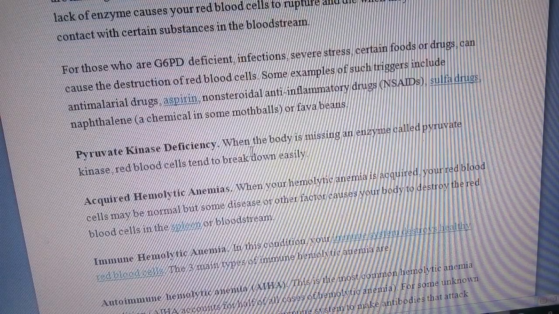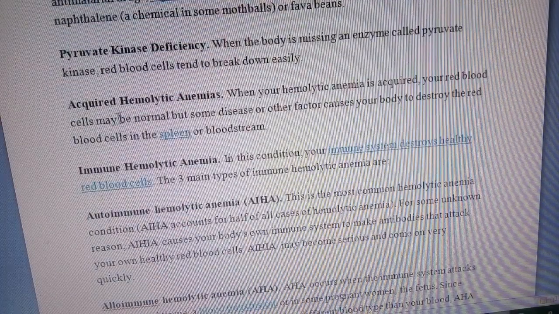Pyruvate kinase deficiency. When the body is missing an enzyme called pyruvate kinase, red blood cells tend to break down easily. What is acute hemolytic anemia and immune hemolytic anemia? Immune hemolytic anemia is a condition in which your immune system destroys healthy red blood cells.